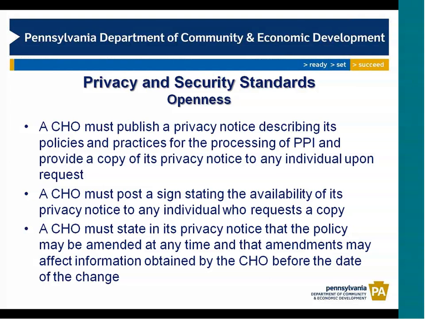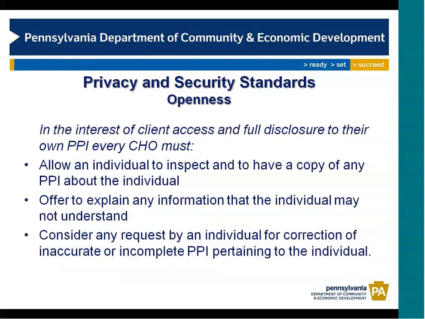A CHO must post a sign stating the availability of its privacy notice to any individual who requests a copy. And a CHO must state in its privacy notice that the policy may be amended at any time and that amendments may affect information obtained by the CHO before the date of the change. So it's all about making sure everybody knows what you're doing with this data that you're collecting.